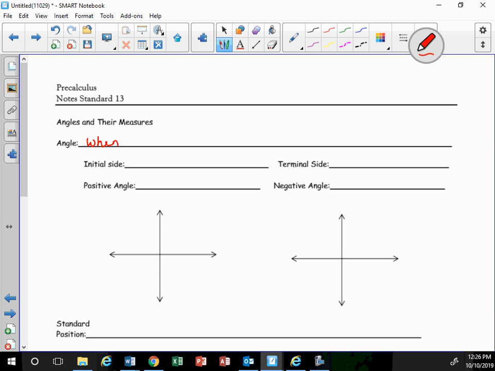When two rays share an endpoint. Two rays. You guys remember from geometry what a ray is? Yeah.